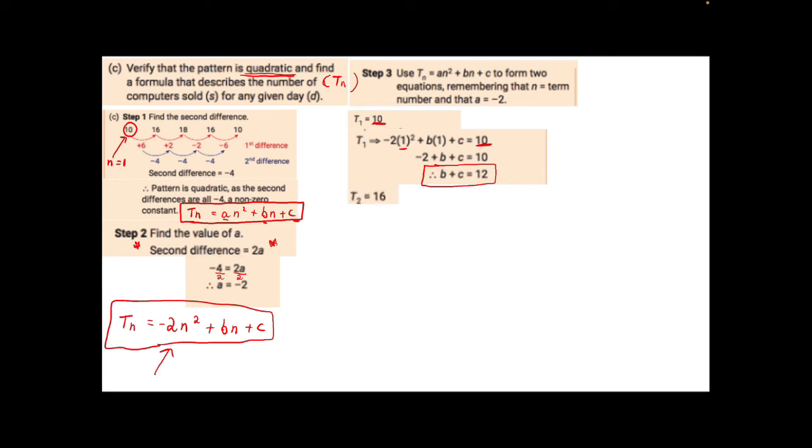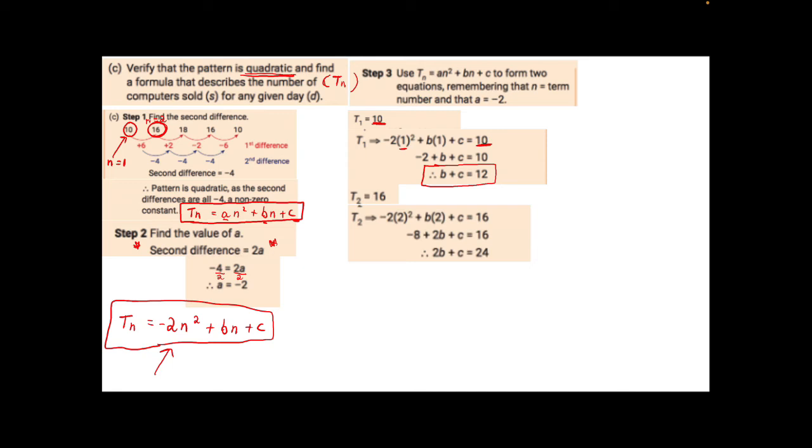So when n is equal to 2, Tn, the value is 16. Substituting this into our general sequence gives us -2 times 2 squared plus b times 2 plus c equals 16.